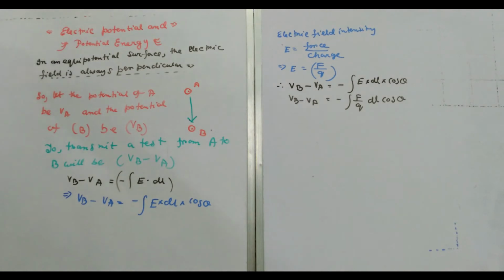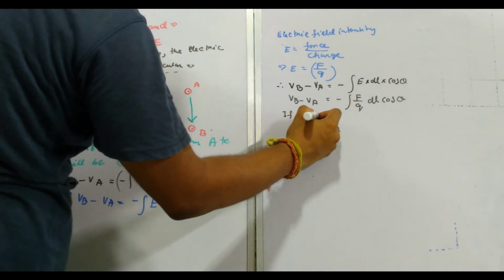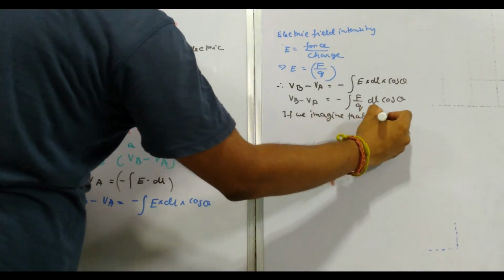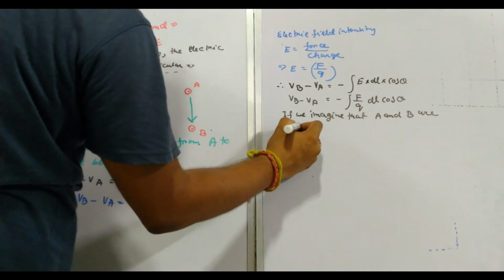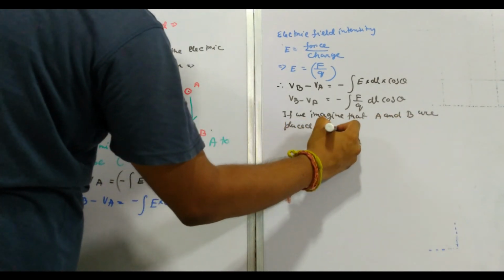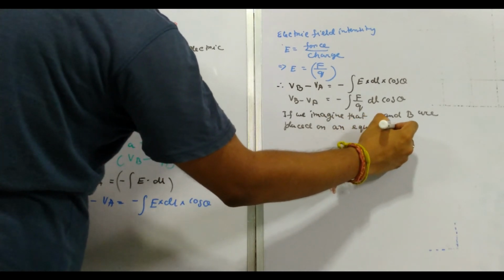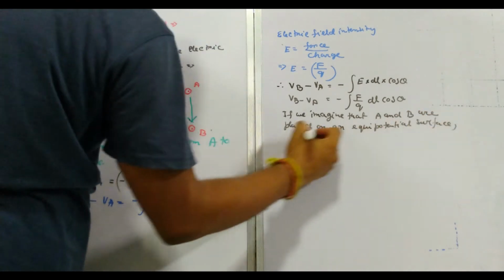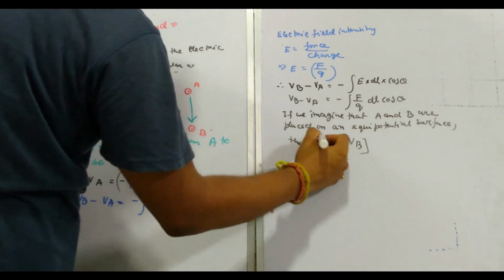Now if we imagine that A and B are placed on an equipotential surface, then VA must be equal to VB.